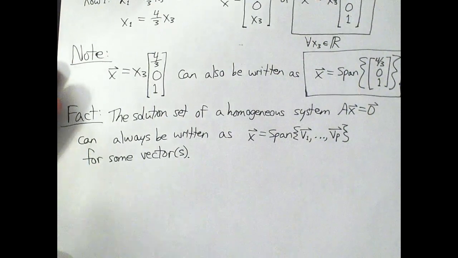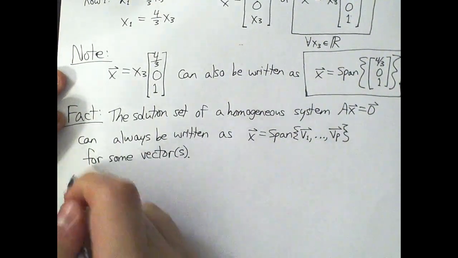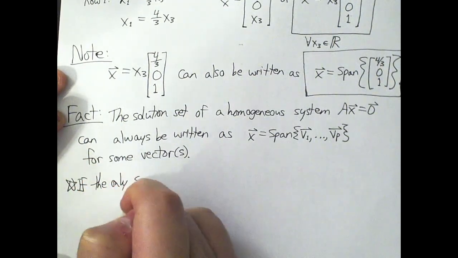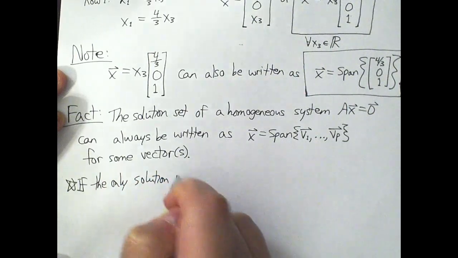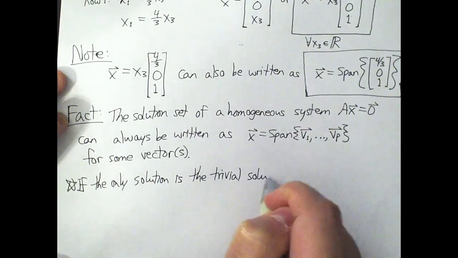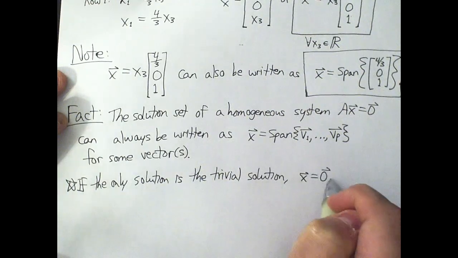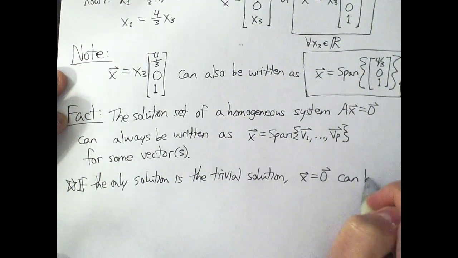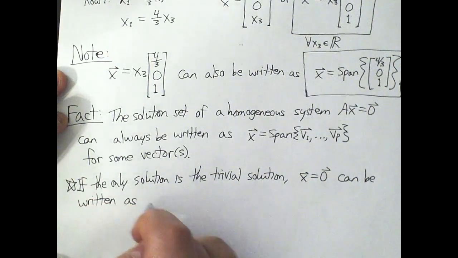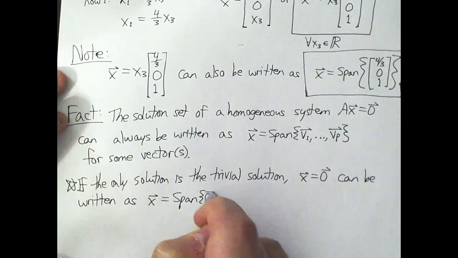Now, I use the word always, so you might say, wait a second, what if there's only the trivial solution? Does that still work? What if it's only the trivial solution? So if the only solution is the trivial solution, x equaling the 0 vector can be written as span of the 0 vector.